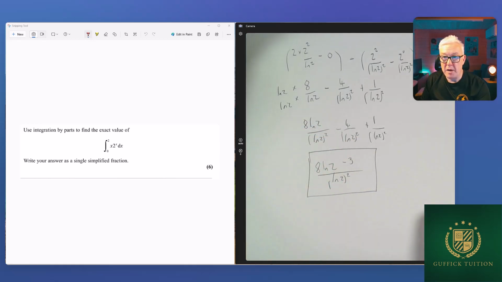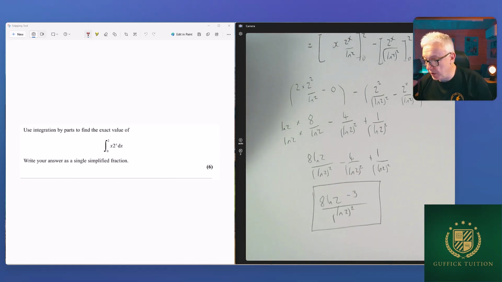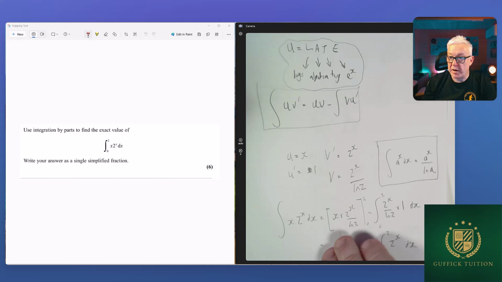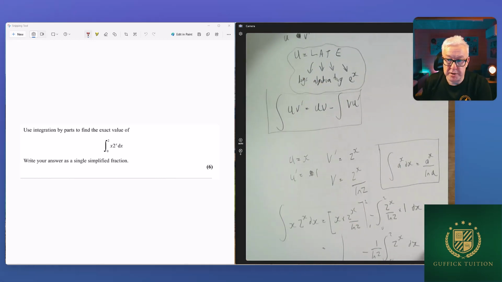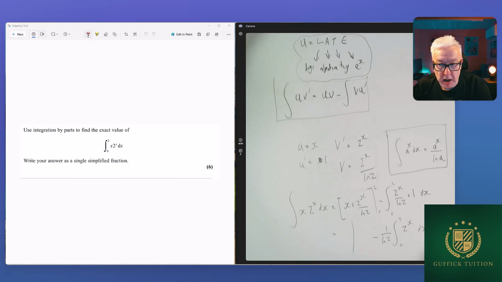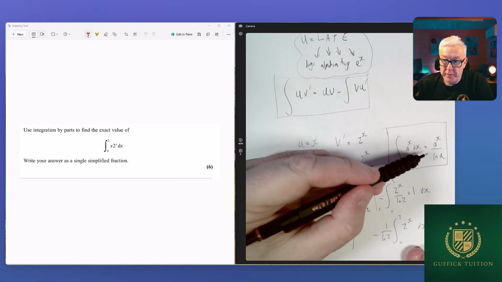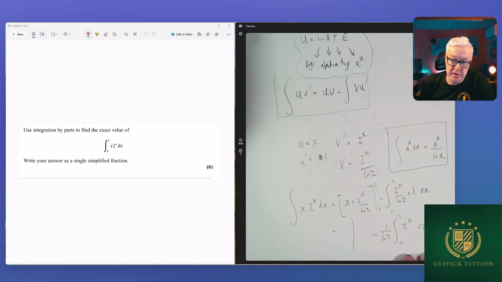Okay, but I thought that this particular question was really worth going over on account of the fact that it had this rather unusual integration of a to the x, which, in my experience, most students that I come across are not familiar with in the first instance.